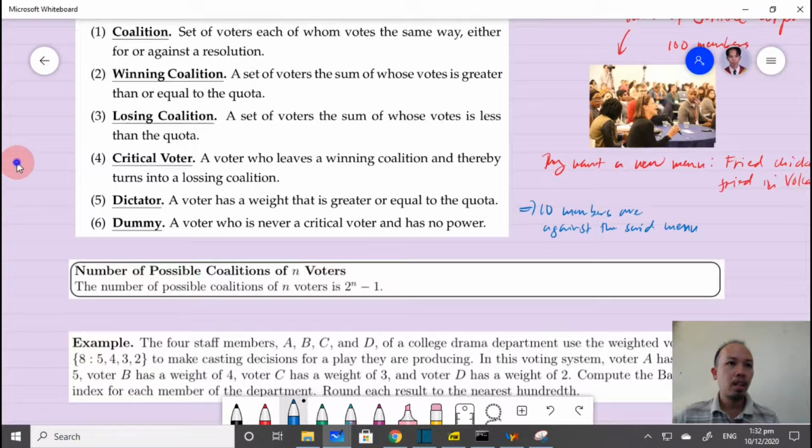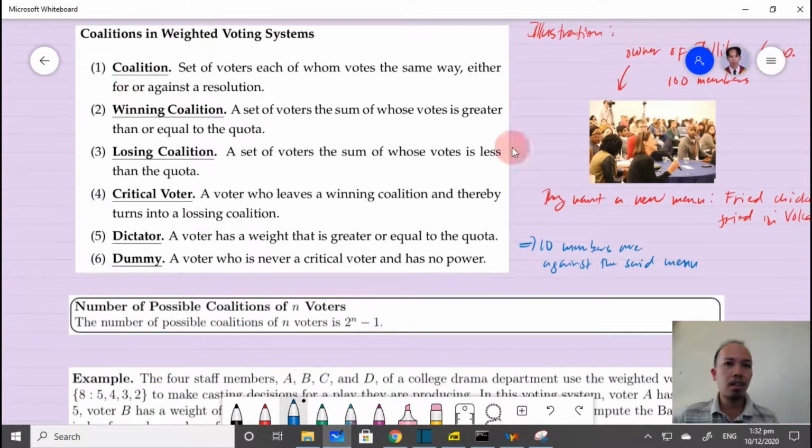But anyway, just like I've said in the formation of the coalition, there are many coalitions in a given weighted voting system.